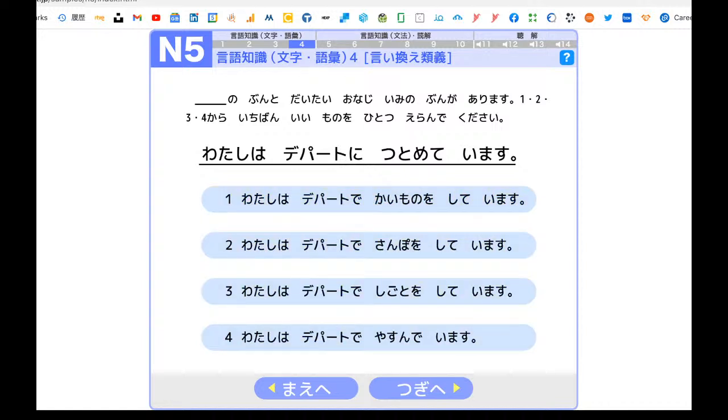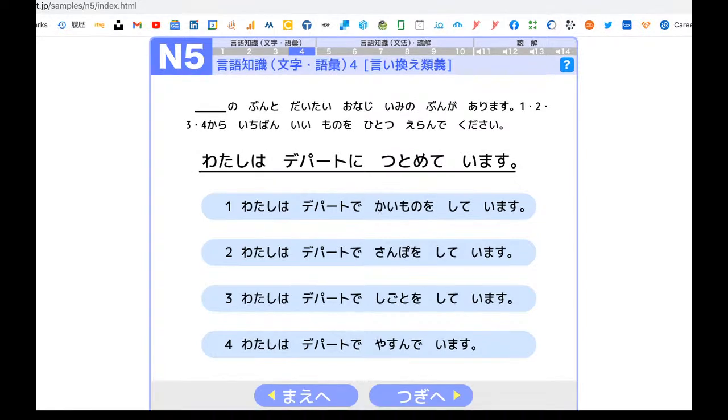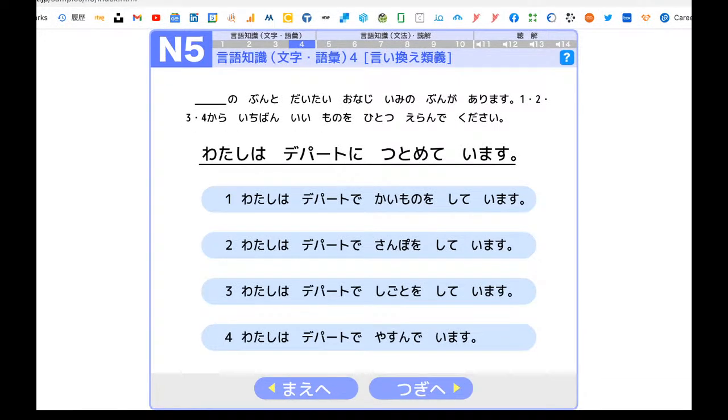And then let's read the main sentence. 私はデパートに勤めています。So it means 私は work 勤めています at department デパートに. We need to choose the very similar meaning sentence from these 4 options.